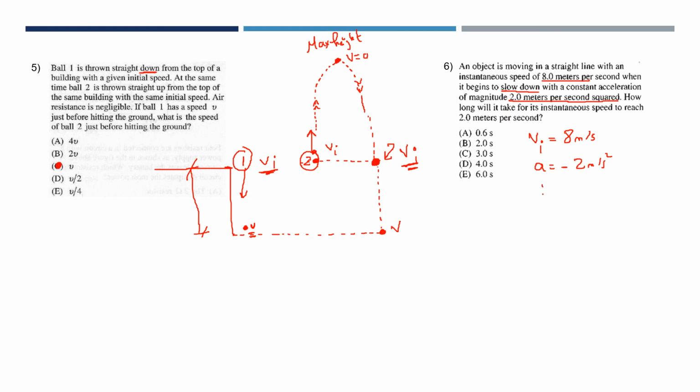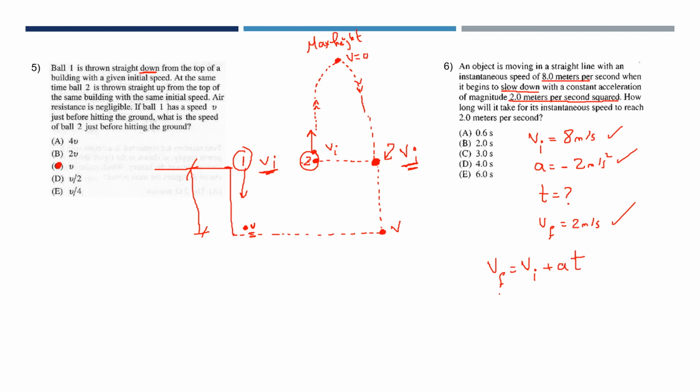How long will it take? We would like to find the value of t for its instantaneous speed to reach 2 meters per second, to reach a final speed of 2 meters per second. Now we have 3 given quantities. We can easily solve this equation. The first equation, V final equals V initial plus a t.